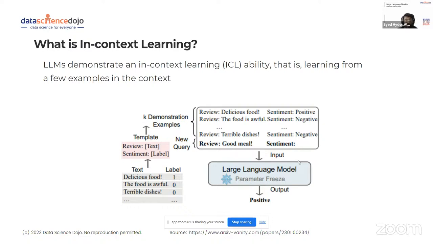Based on the context, our LLM learns and gives the answer; here, for "good meal", we know it has to be positive.